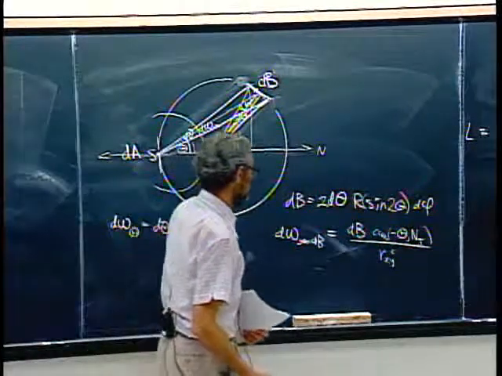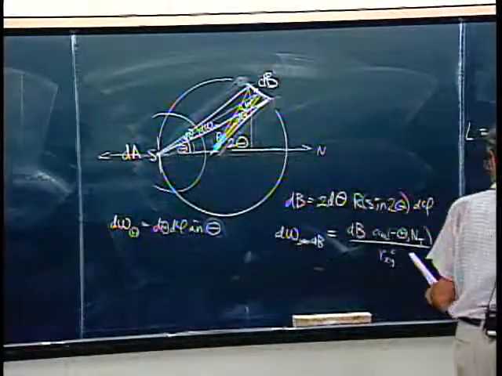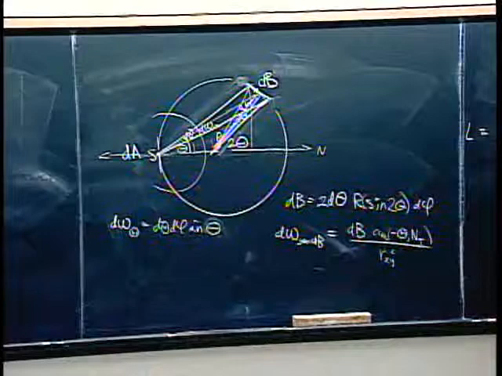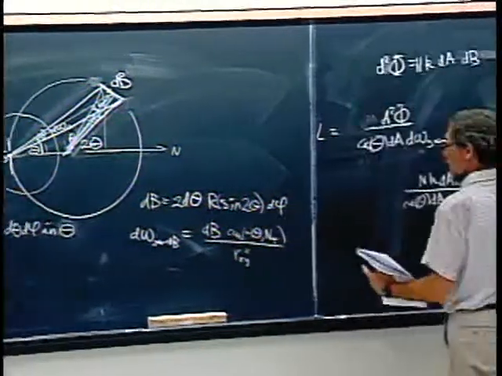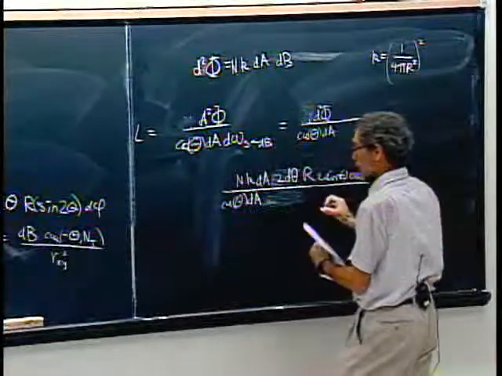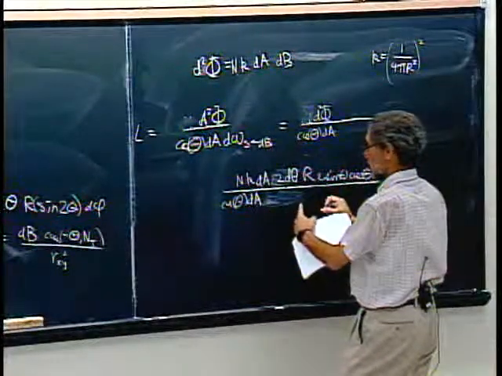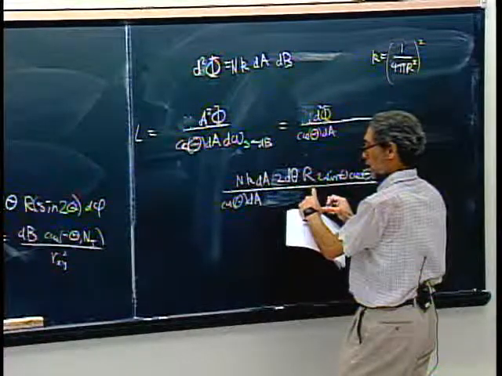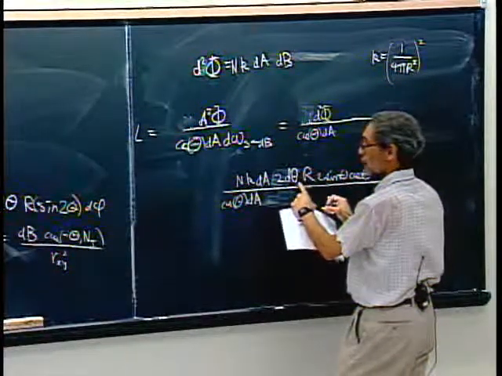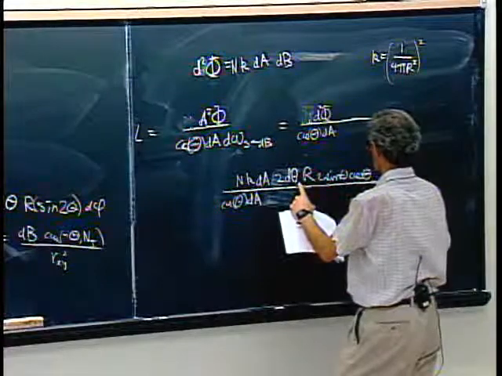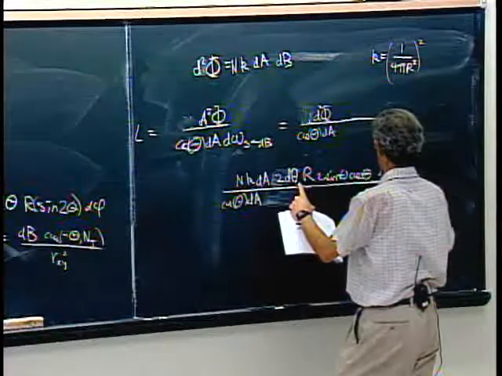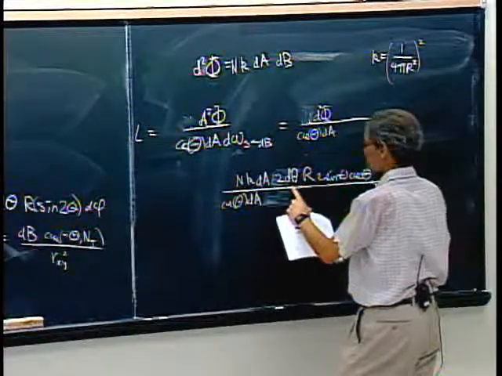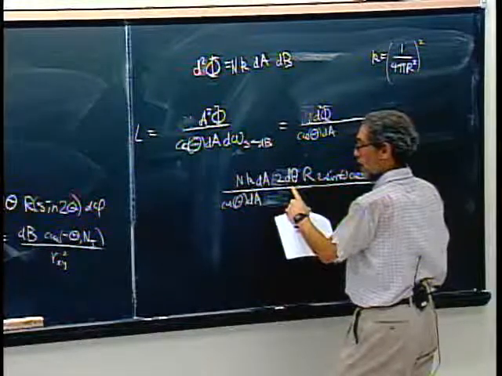So if I'm dividing by d omega b, I have this is my dB, no, d phi.